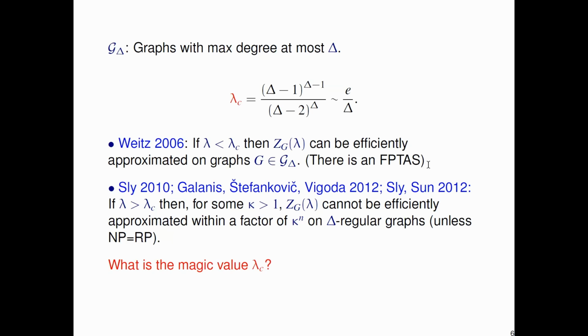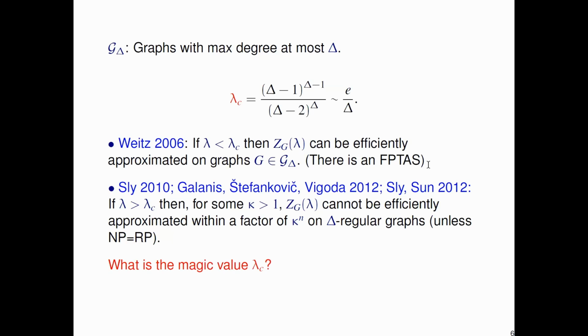So there's an FPTAS. There's a deterministic approximation algorithm that gets you as close as you want. On the other hand, if lambda is bigger than this critical value, then even if you just restrict yourself to delta regular graphs, and even if you only want to approximate within an exponentially bad factor, that's just impossible.